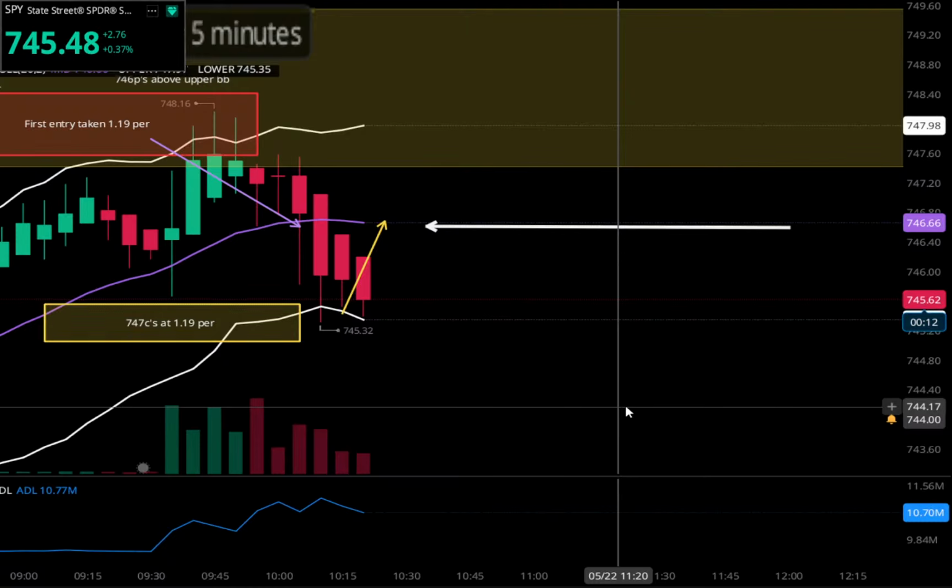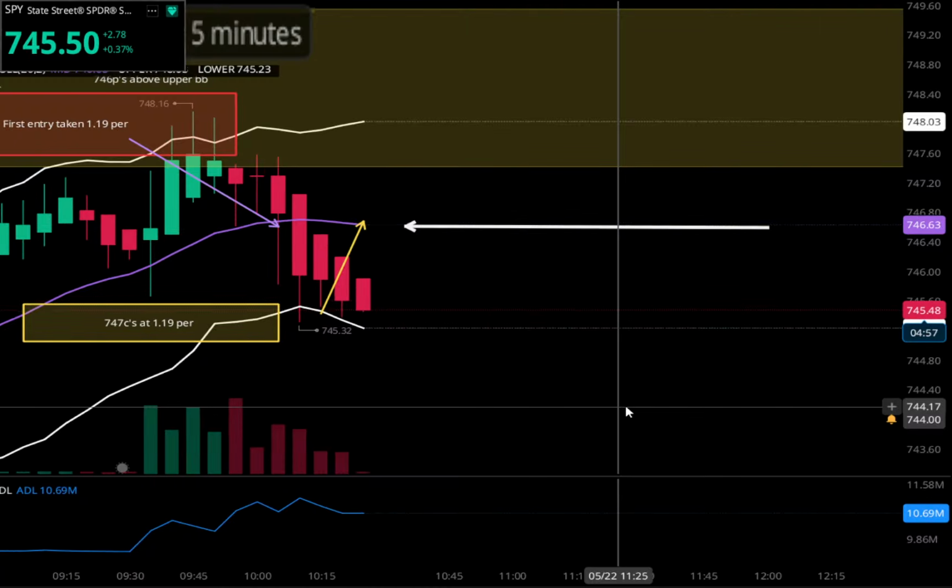If we do, we will be adding more calls to that. I'm being very, very patient for this level. Not going to be adding early, even if it starts bouncing, which it shouldn't, should give us our level here.